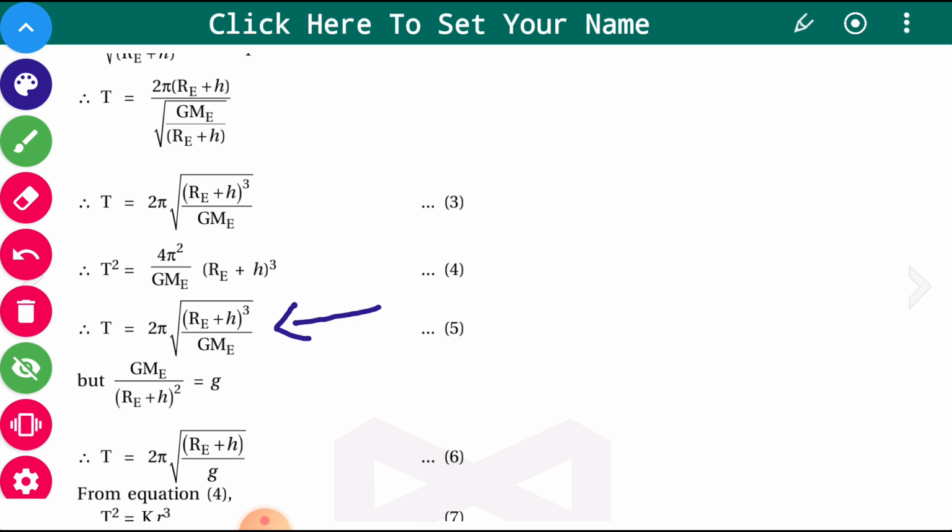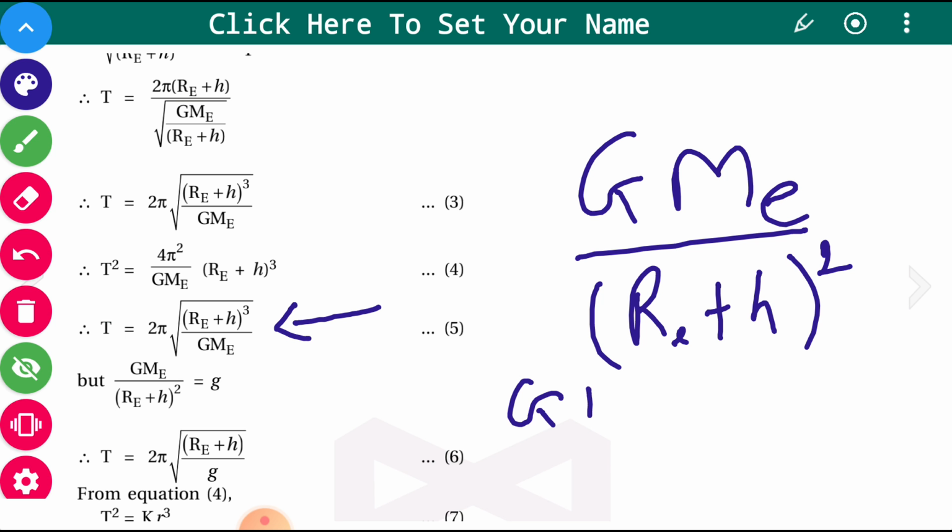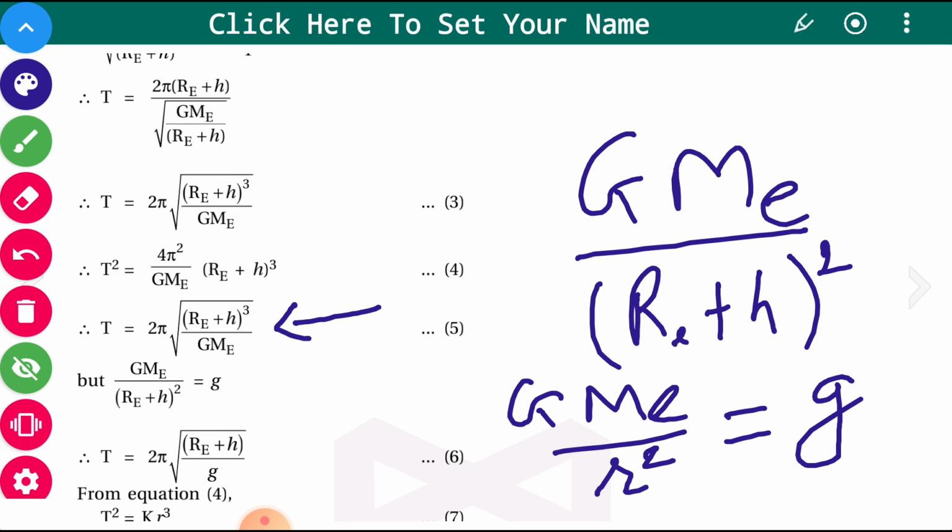Now as you know, GMe upon (Re plus h) the whole squared, or rather GMe upon r squared, gives you the value of gravitational acceleration at the point where the satellite is situated, at distance r. r is nothing but Re plus h.